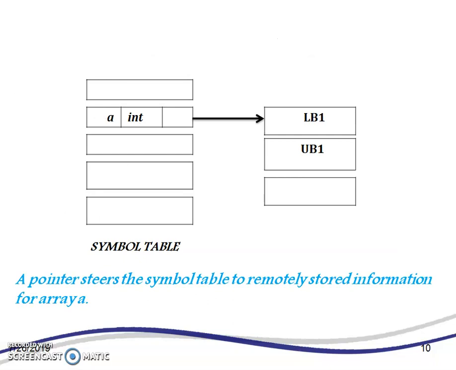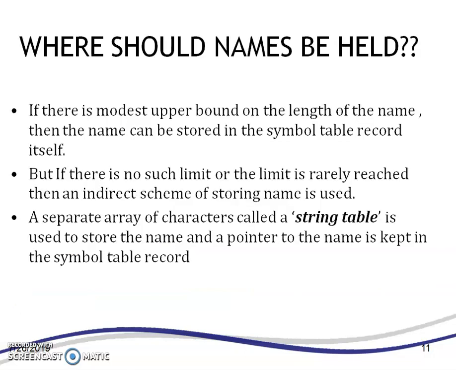There is a name A of type integer; the information about the name A and its type is stored within the symbol table, and there is other information, lower bound and upper bound, which is stored outside the symbol table, and there is a pointer in the symbol table pointing to that location. A pointer in the symbol table points to the remotely stored information for array A.